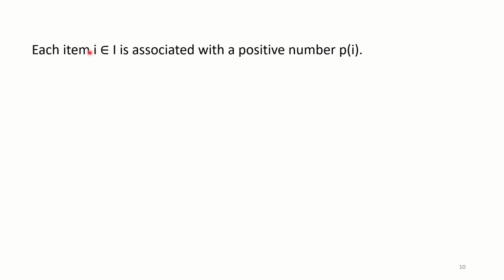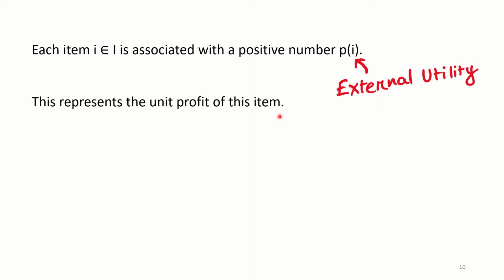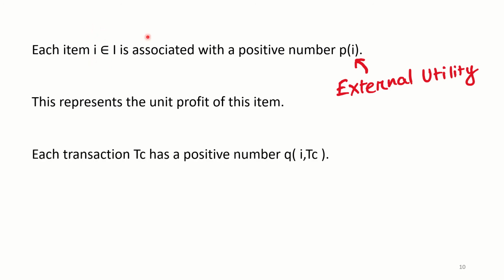Each item i, which is in item set I, is associated with a positive number Pi. This is important. Pi is basically the external utility. And this represents the unit profit of item i.